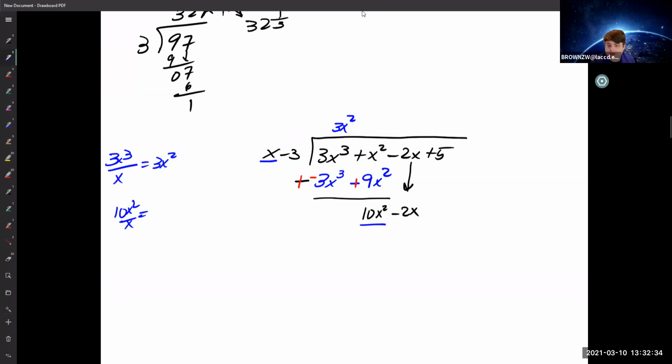Yeah, so right now we're taking the x into the 10x squared. So 10x squared over x leaves me with 10x. Then once again, we're going to distribute that in. So 10x times x gives me 10x squared, and 10x times -3 leaves me with a minus 30x.